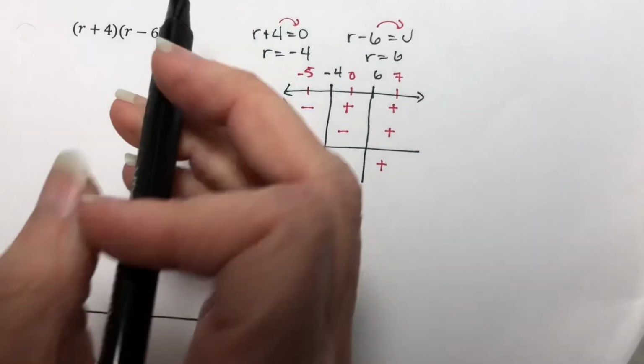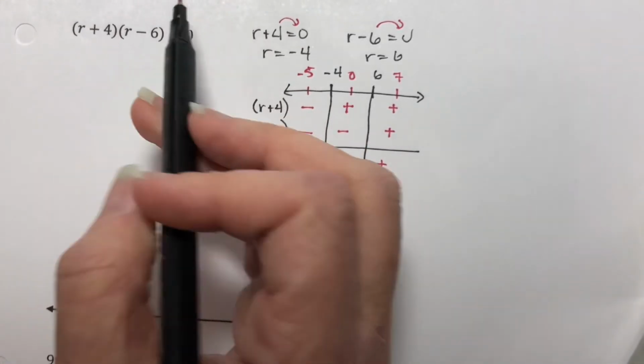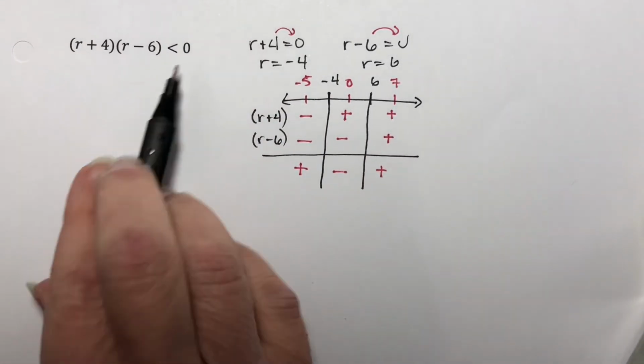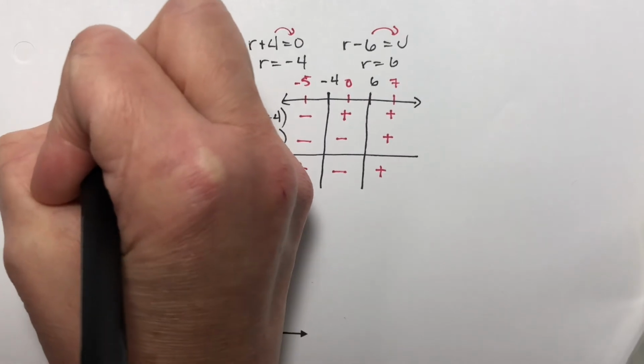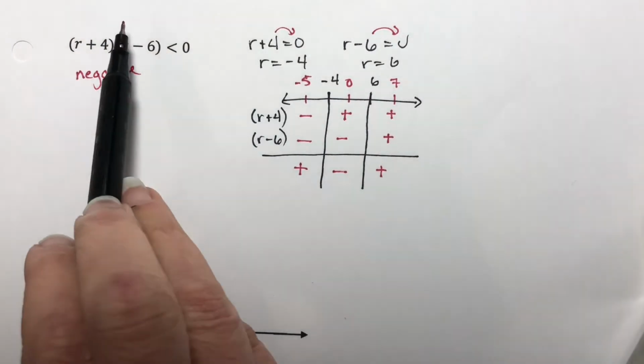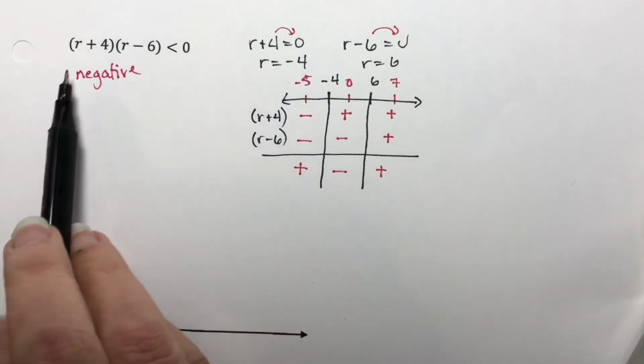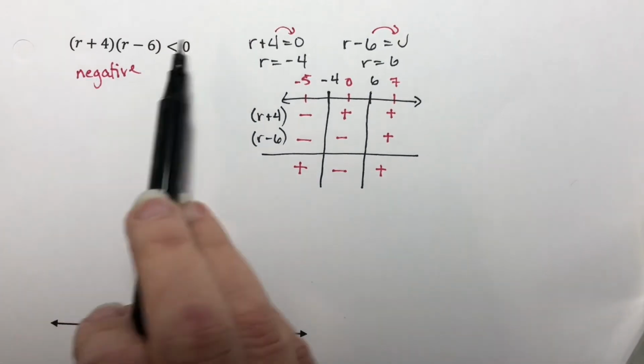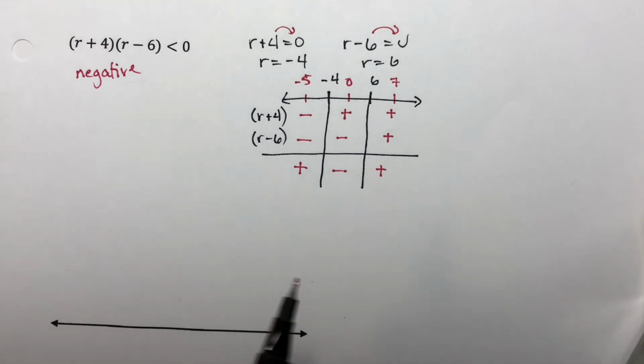So whatever this thing is, we want it to be less than 0. So we're wanting a negative. We want to know what values of x, if we plug them in, are going to give us a negative answer, because negatives are less than 0. Okay, so we know that.